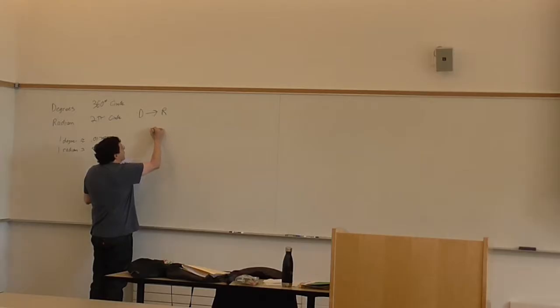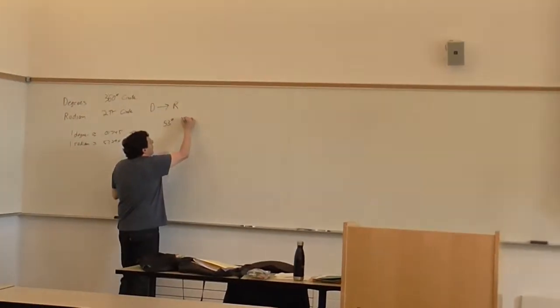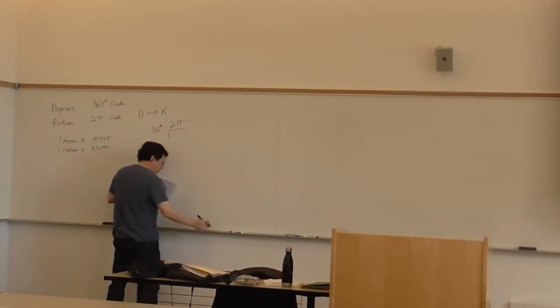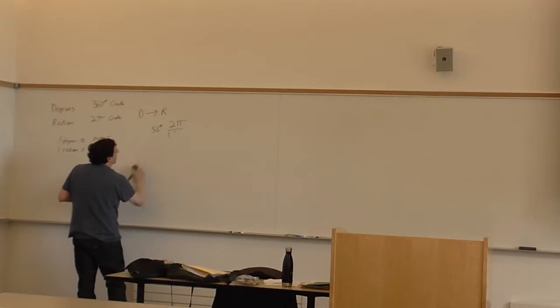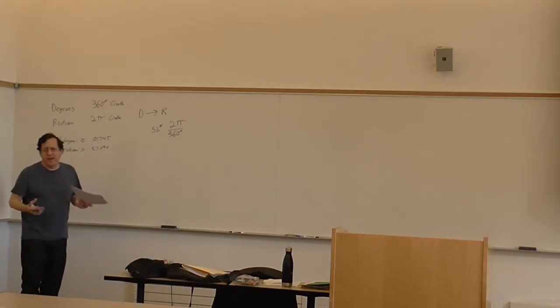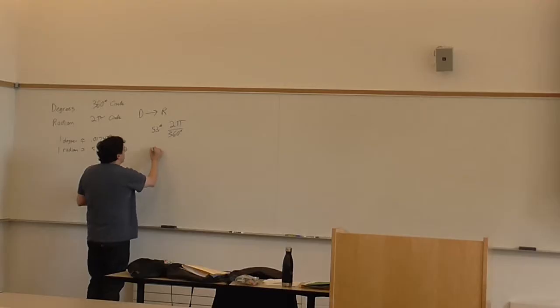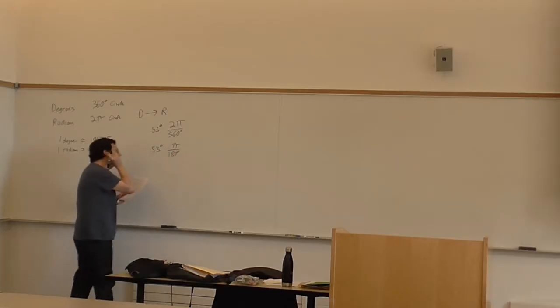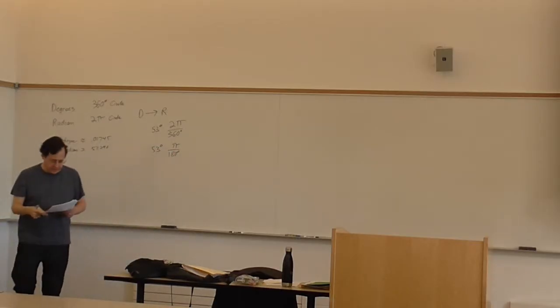So if I say 53 degrees, I'm going to multiply that by 2 pi over 360. Once you get used to that, you realize there's an extra 2 in there I don't need. So you multiply 53 degrees times pi over 180. Saves you a few buttons on your calculator.